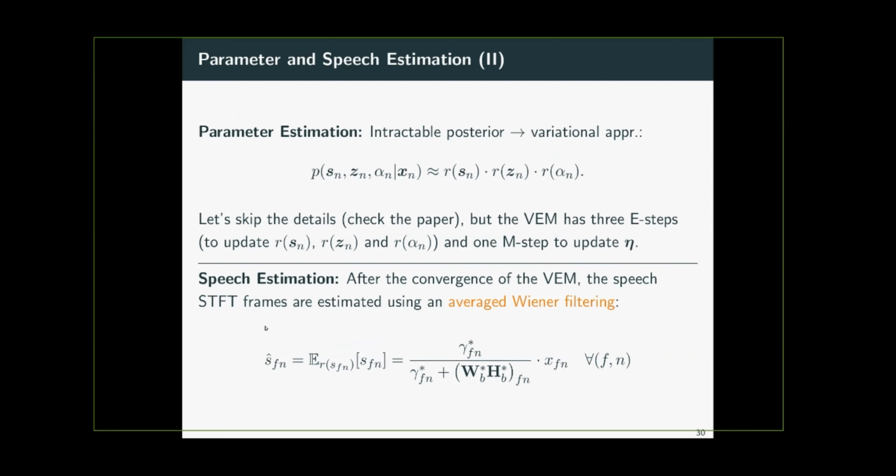And then once again, when we are running the speech enhancement phase, we obtain an average binaural filtering as in the previous case. And here this gamma Fn represents the posterior energy of the speech at time frequency point Fn, just that we put gamma because the expression of this is a bit complex, but it actually plays a similar role. So once again, we obtain a binaural filtering, which for people that come from speech enhancement is actually quite reassuring.